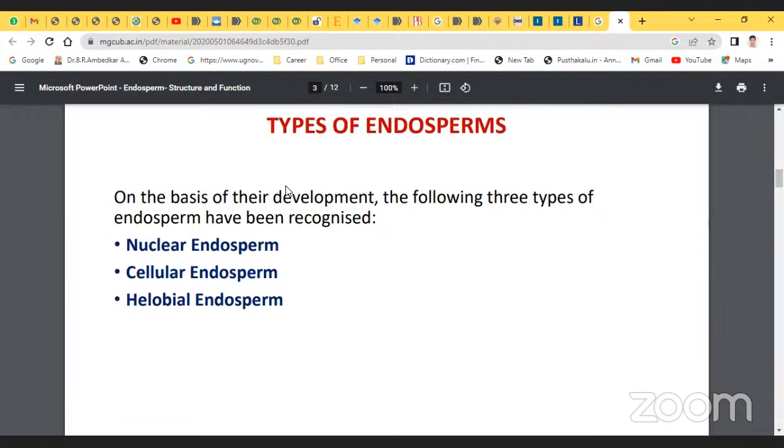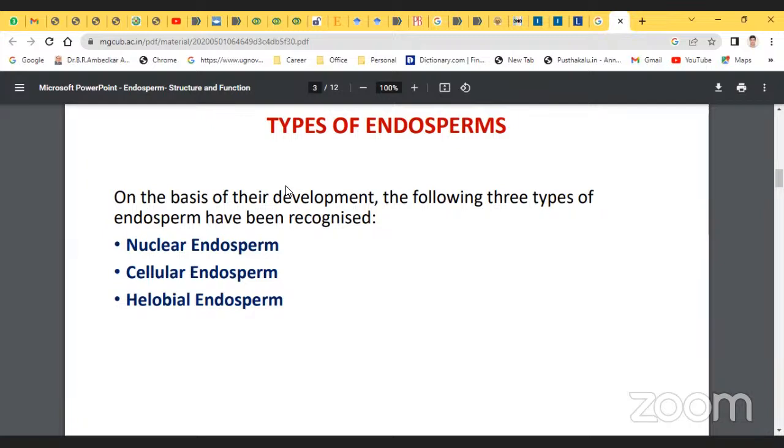Next, coming to types of endosperms. On the basis of their endosperm development, 3 types of endosperms have been recognized.